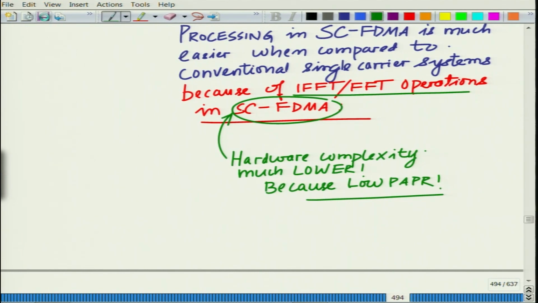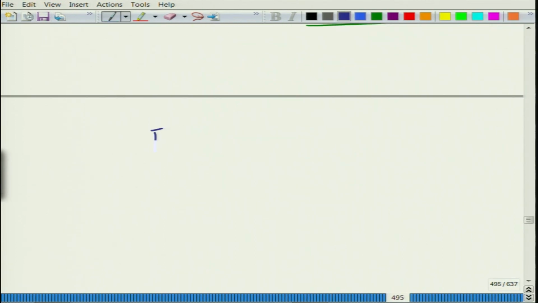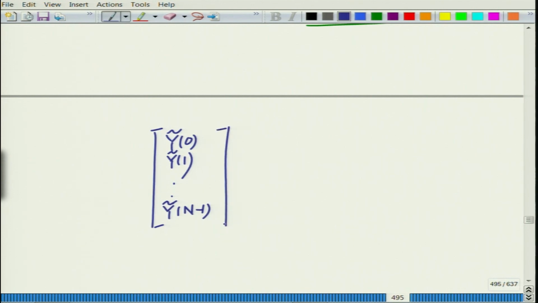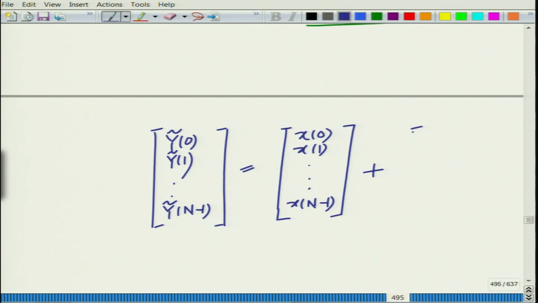So, hardware complexity is much lower because of the low PAPR, and as we have seen, the overall system model is basically, after the IFFT, you will have y tilde 0, y tilde 1, up to y tilde n minus 1, equal to x of 0, x of 1, up to x of n minus 1, plus w tilde 0, w tilde 1 up to w tilde n minus 1.